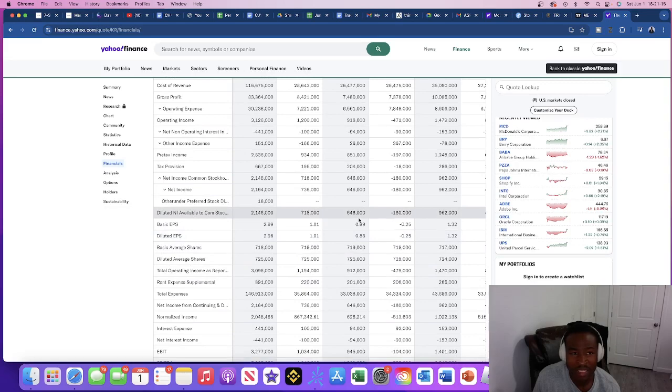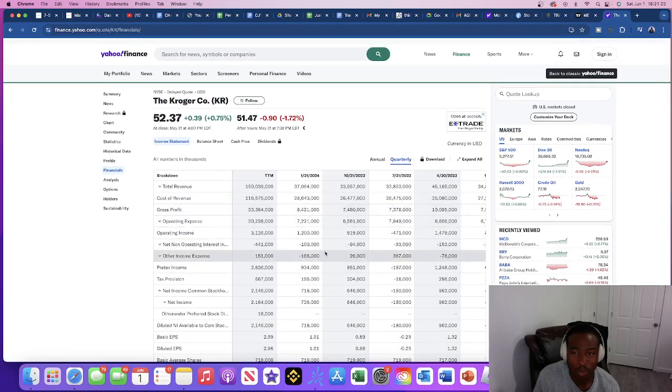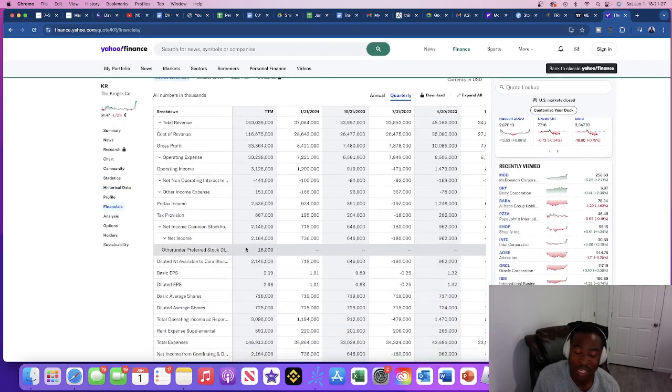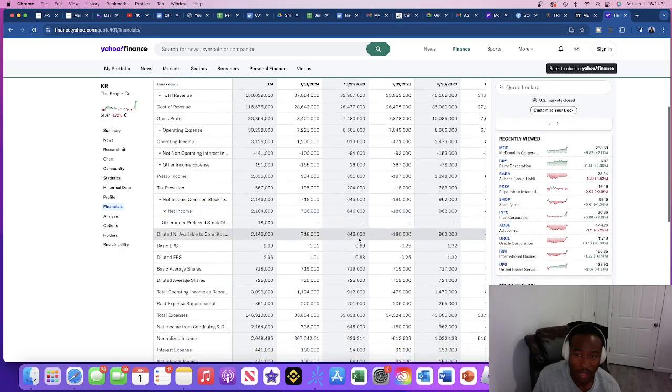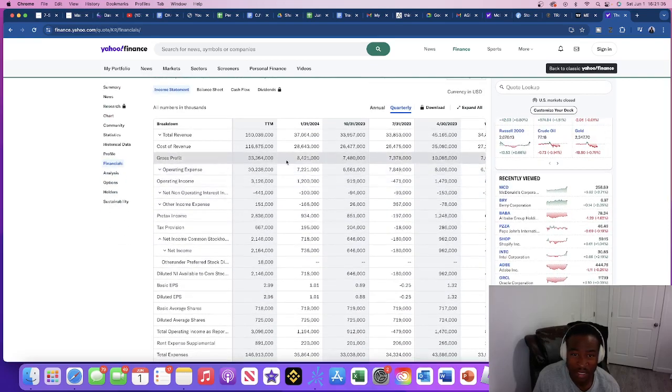So that's an overview on Yahoo Finance. There's other sites that track the same things as well, but Yahoo Finance is relatively easy for literally anybody to go on. Even their non-paid plan, which is what I'm on right now, I can get some information.